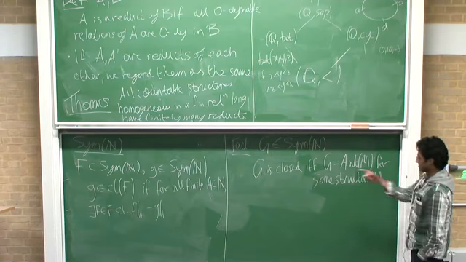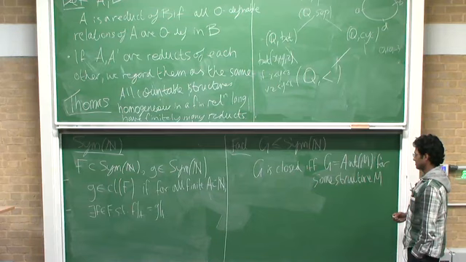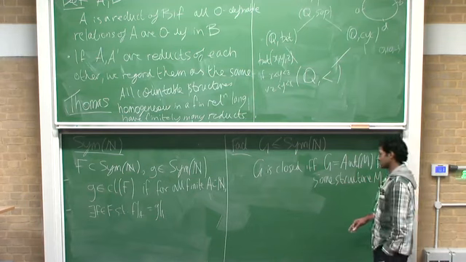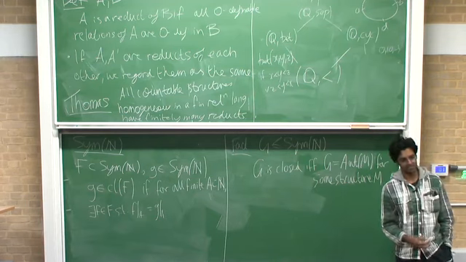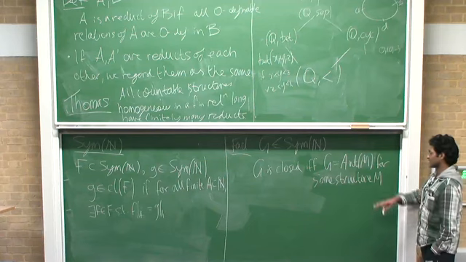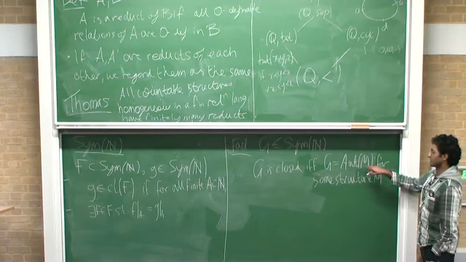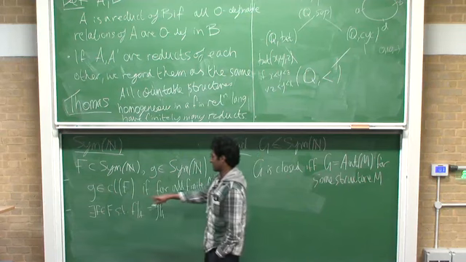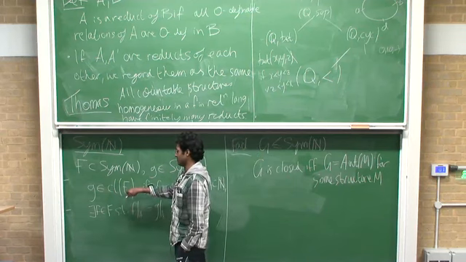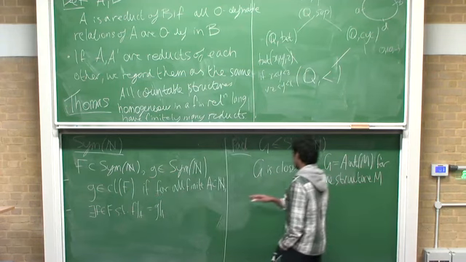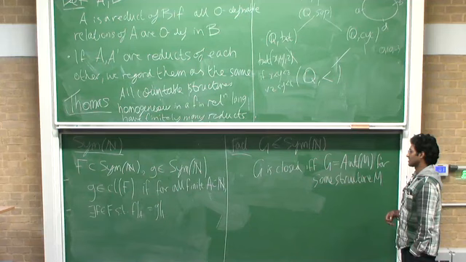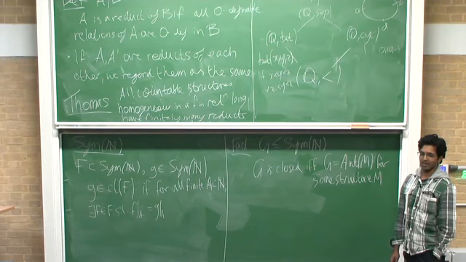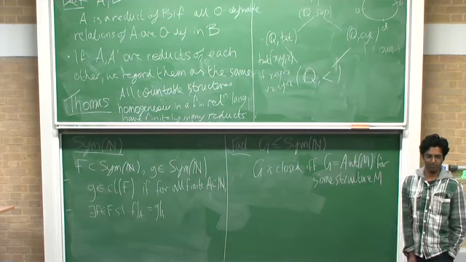Both directions are fairly straightforward. One of them is just an exercise in unraveling definitions. If you have an automorphism group, you want to check it's closed. Well, saying that g is well approximated by an automorphism group is the same thing as saying that g preserves all the relations that are definable in your structure. Hence, it's in the automorphism group.